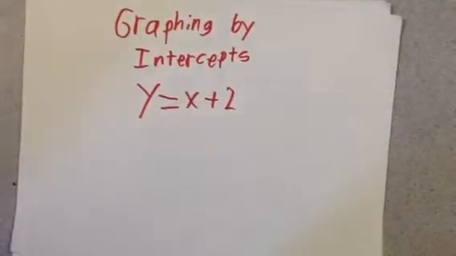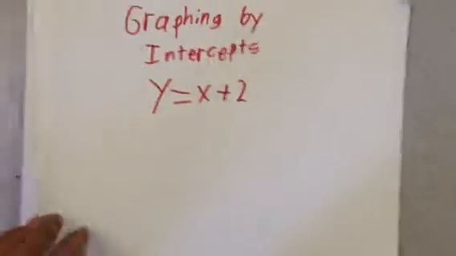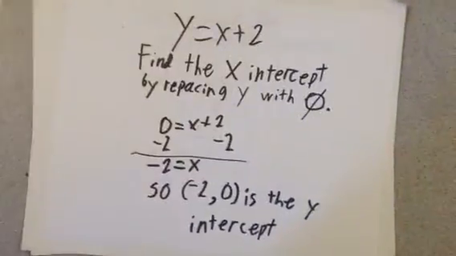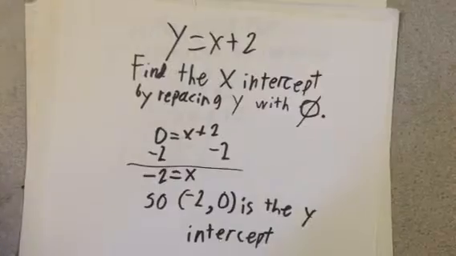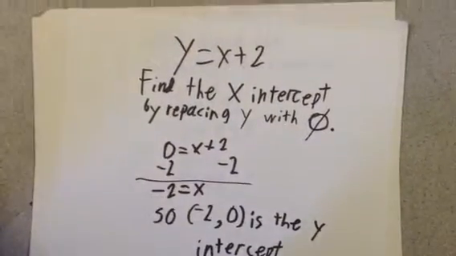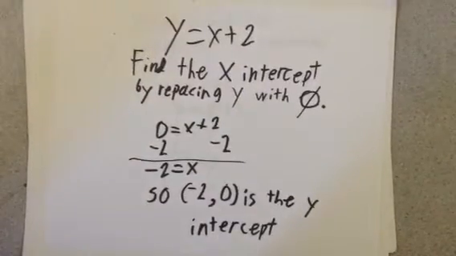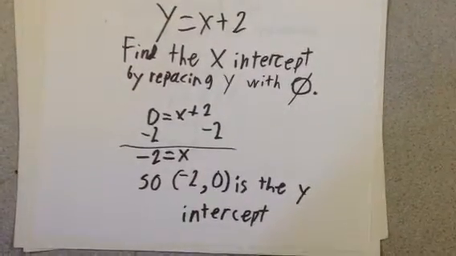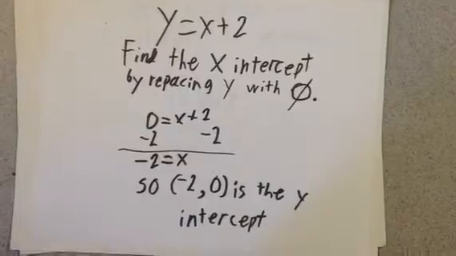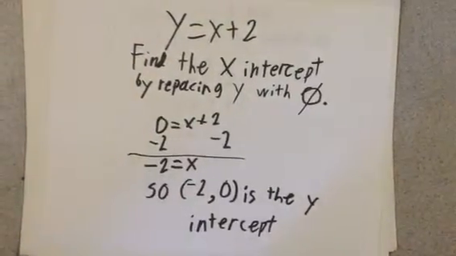Graphing by intercepts. y equals x plus 2. Find the x-intercept by replacing y with 0. 0 equals x plus 2, minus 2 minus 2, minus 2 equals x.